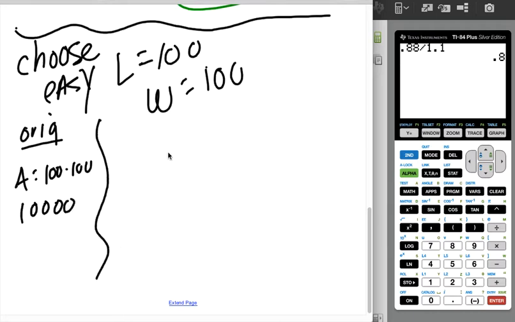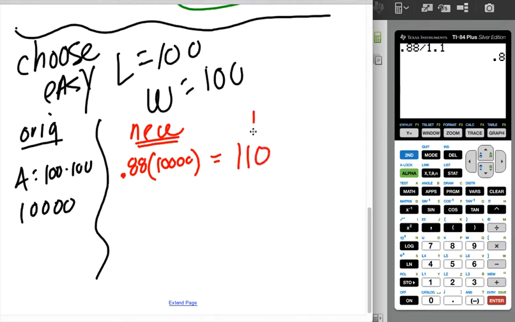Based on the modifications that they gave me, the new area, which I know is 88% of the old area, so we can deal with that in a sec, the new area is, I increased the length by 10%. Well, that would be 110 because, again, I lazily picked this as my new length.